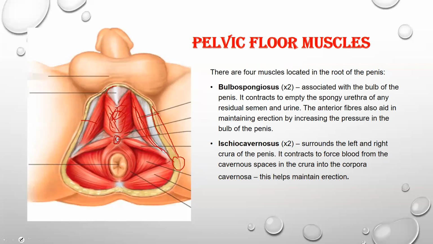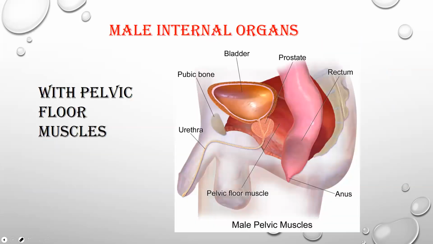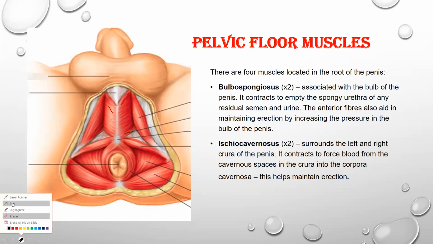Now let me first explain how many structures you're going to see here. Assume that your patient is in front of you. First there will be the pubic symphysis. After the pubic symphysis, the second part visible is the penile body. Assume that you have lifted that up.